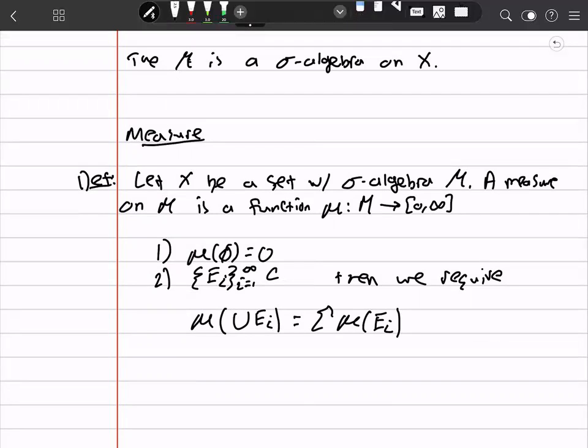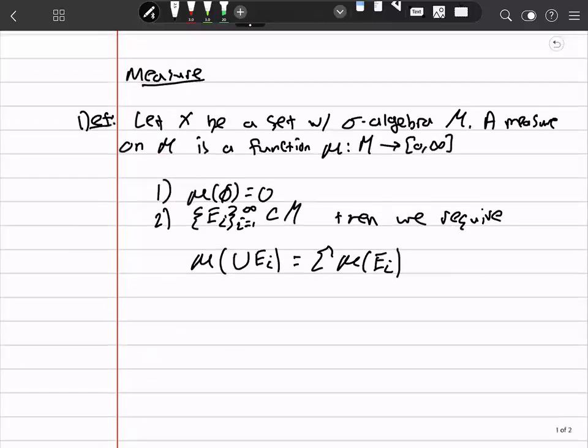Now, there's some terminology to be noted. If we have a set X with a sigma algebra M and a measure mu, it is called a measure space.